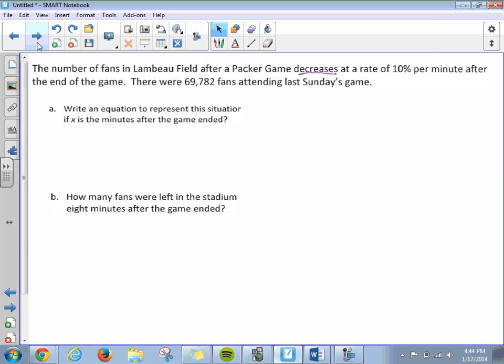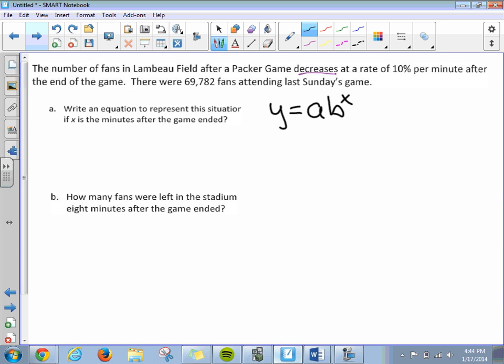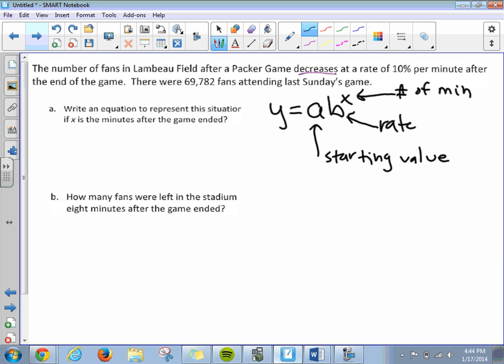We're looking at a decay problem, and so we're really looking for something like y equals a times b to the x, where b is our rate, x is going to represent the number of minutes, and a is our starting value. So when we plug it in, y is equal to our starting value, which we know to be 96,782, times our rate.